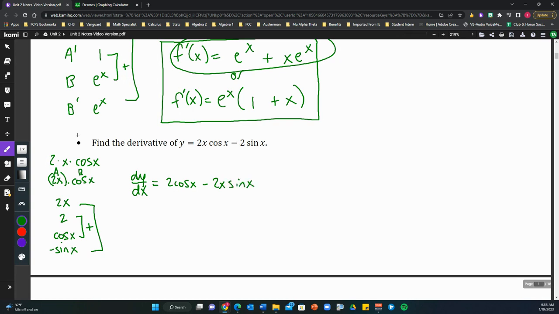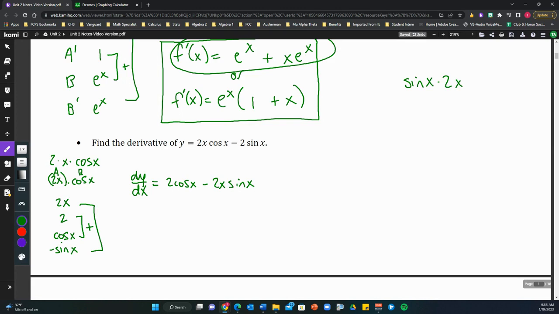Okay. Now, one word of caution. Technically, if these guys were flip-flopped, if I had made cosine my a and 2x my b, then we could have ended up multiplying these guys in the reverse order. Don't ever write a product of a trig function and really anything else in this order.